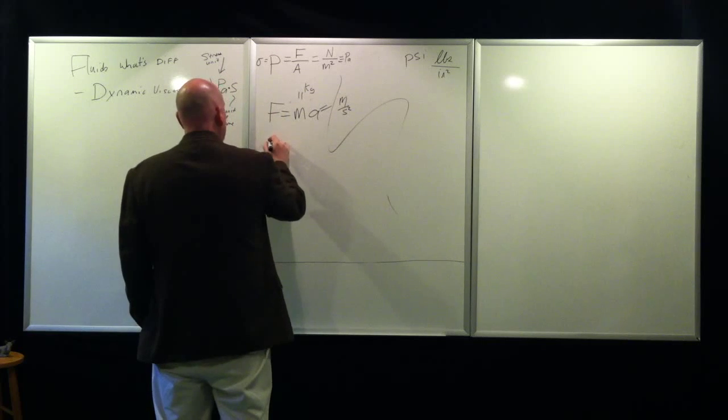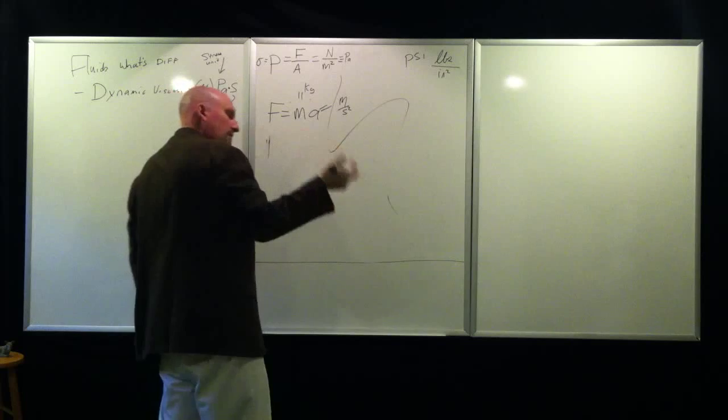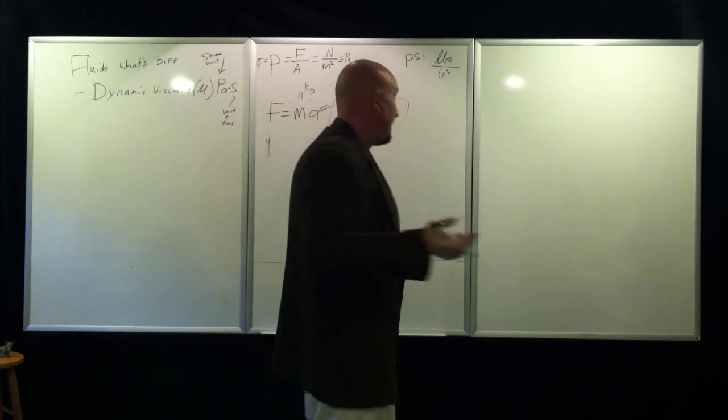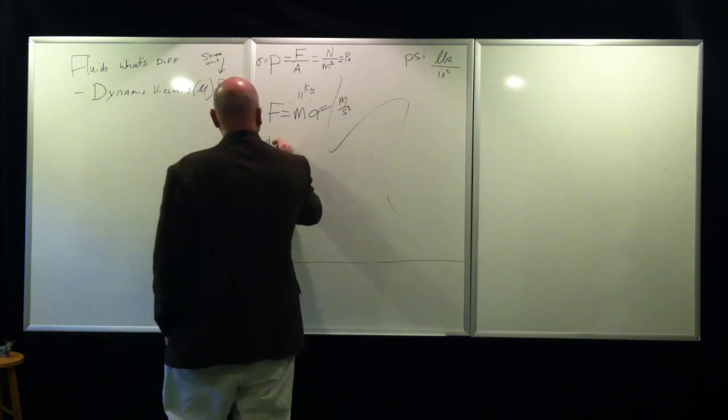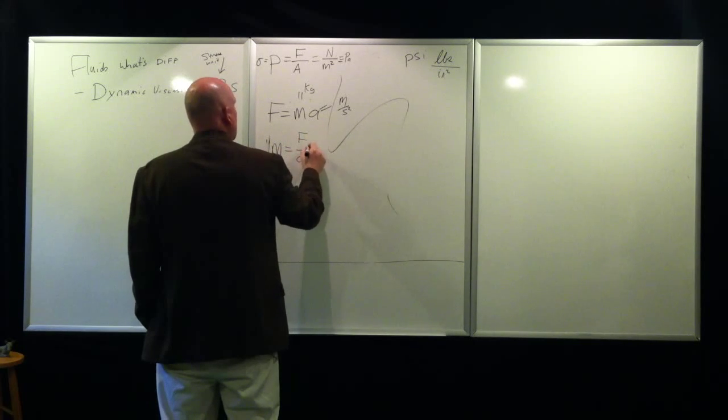So, if we have a 1 Newton force, and we accelerate in gravity, we're going to approximate it as 10. It's really 9.8. But the mass that would result is force over acceleration.